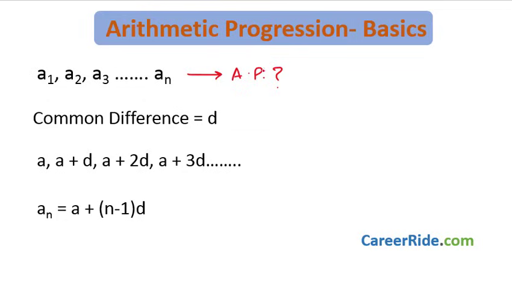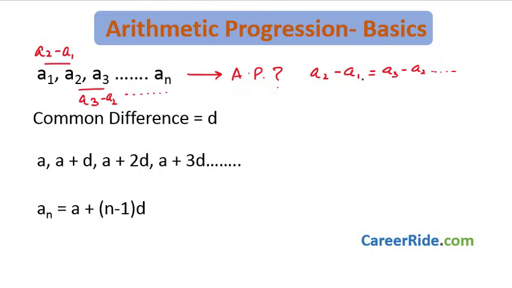Now many of you would know that the most important condition and the only condition for a series to be in AP is that the difference between the consecutive terms should be equal throughout the series, which means A2 minus A1 should be equal to A3 minus A2, and this should continue throughout the series. That is, the difference between the consecutive terms should be same.